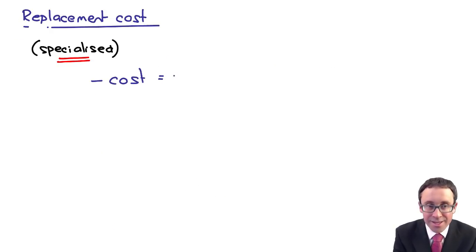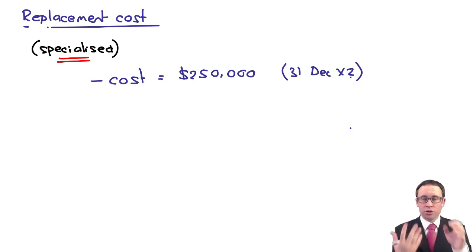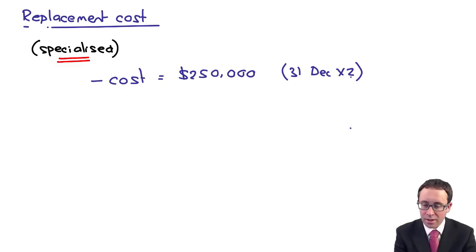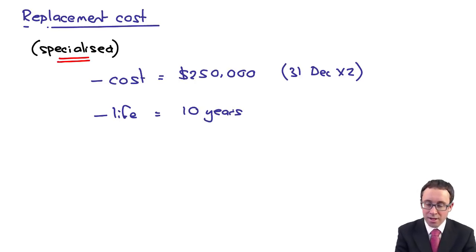The cost today, so we're looking at the values in the financial statements on the 31st of December X2, to construct or to make that specialised asset would be 250,000. Again, it's the same asset that we bought 2 years ago, so it would still have the same life, which is 10 years.